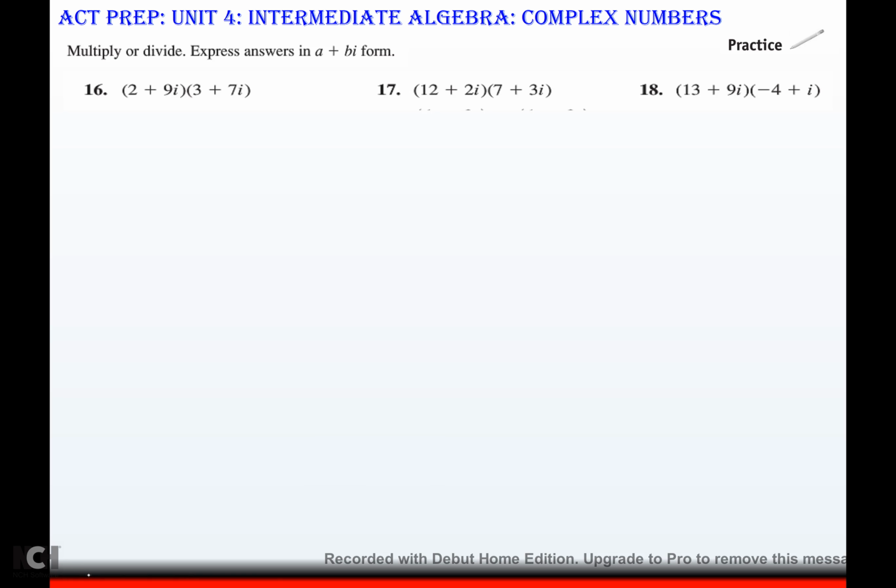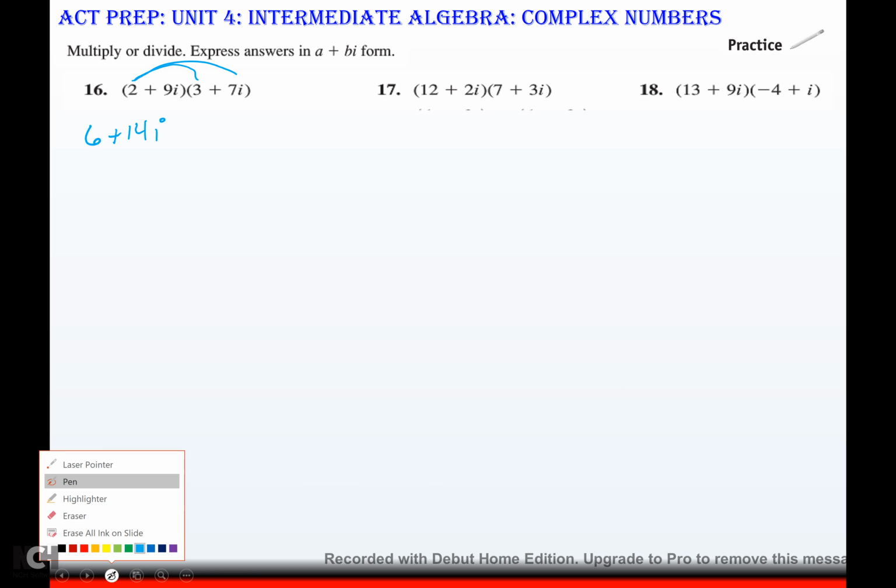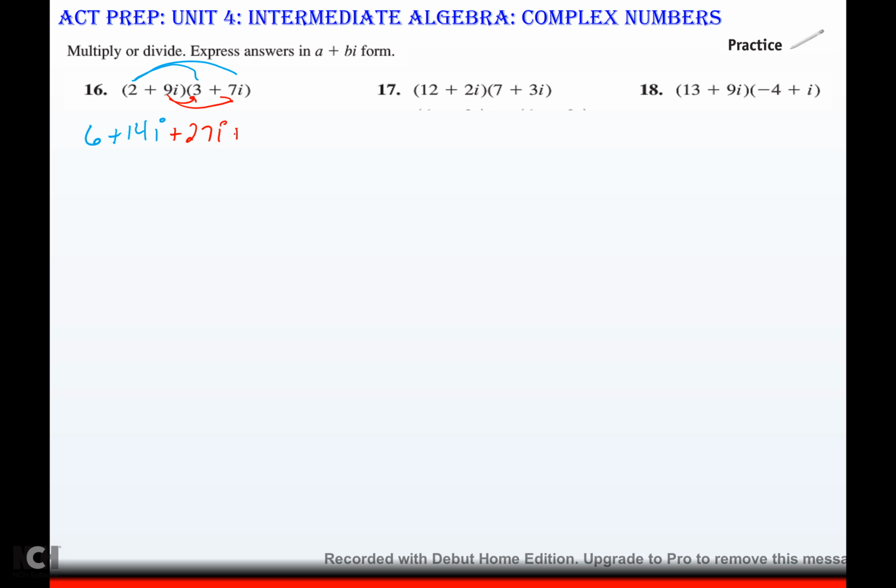Alright, 16, now we're multiplying. So I have 2 times 3 is 6. 2 times 7i is 14i. 9i times 3 is positive 27i. And 9i times 7i is positive 63i squared. Combine like terms and replace i squared.